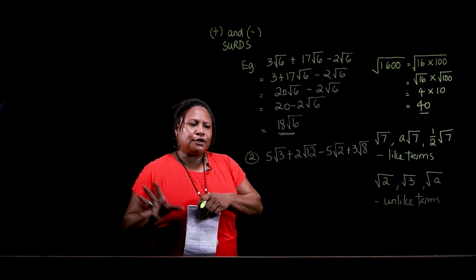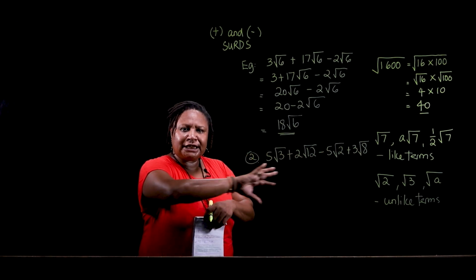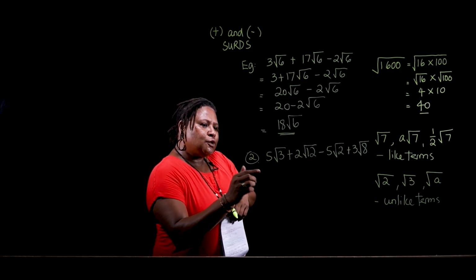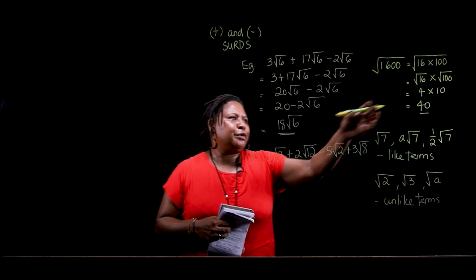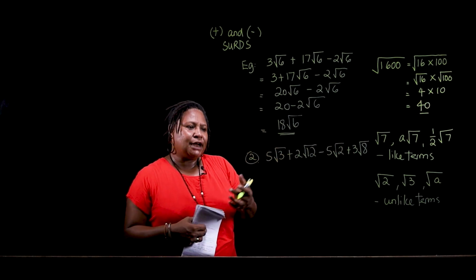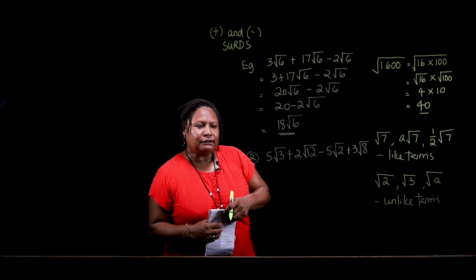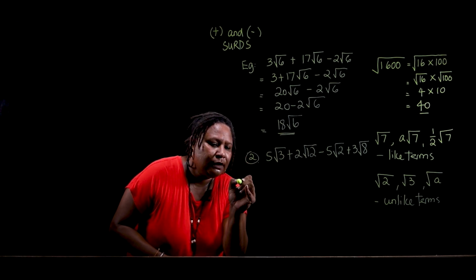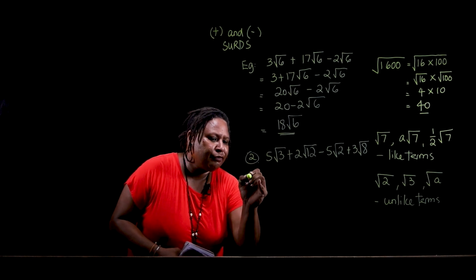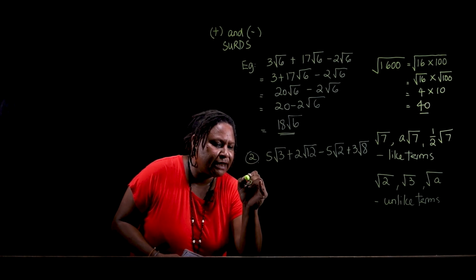So before you start, you need to look at the numbers and see if you can simplify. In order to simplify, remember, we have to break that number up into 2 factors, one which is a square number and another which is not. So let's move out this way so we have enough space. 5√3 cannot be simplified, so it stays as it is.